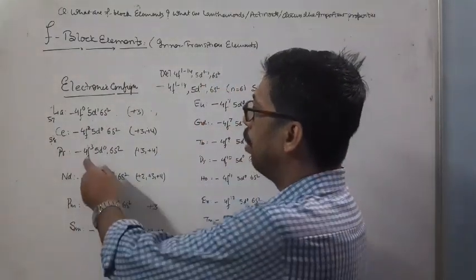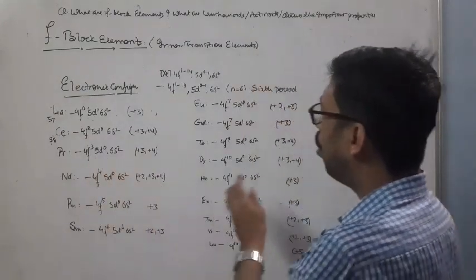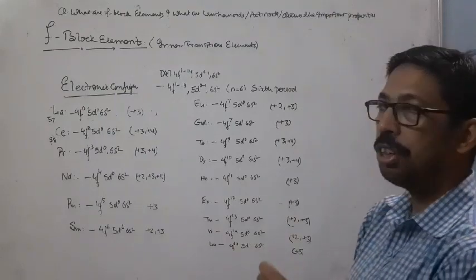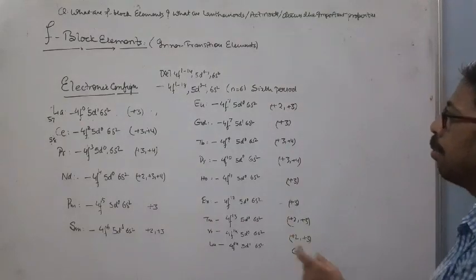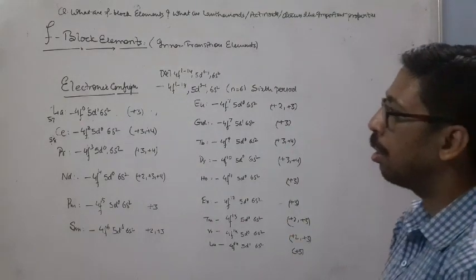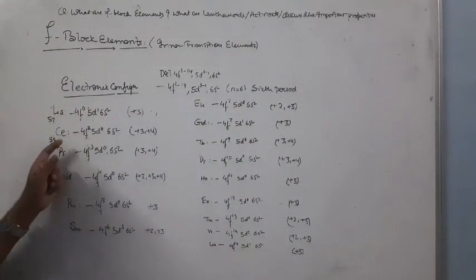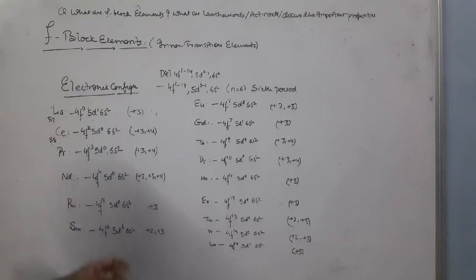Similarly, 4f3, 5d0, 6s2. So all the electronic configurations for each of the elements present in the lanthanide series we have already mentioned, and with their oxidation states, the starting element of the 4f block is lanthanum and its oxidation state is +3.